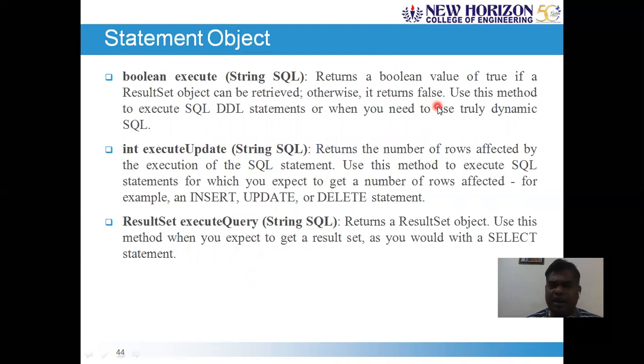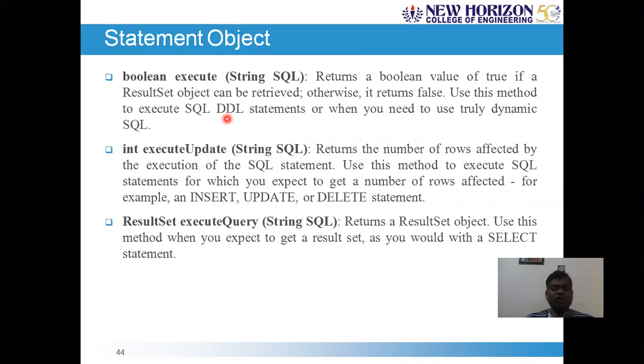If it is true, and if you have any more data in that result set object, you can keep iterating using the while loop we illustrated before. So usually it will be used for SQL DDL statements, data definition language statements, and it can also be used for select kind of queries.